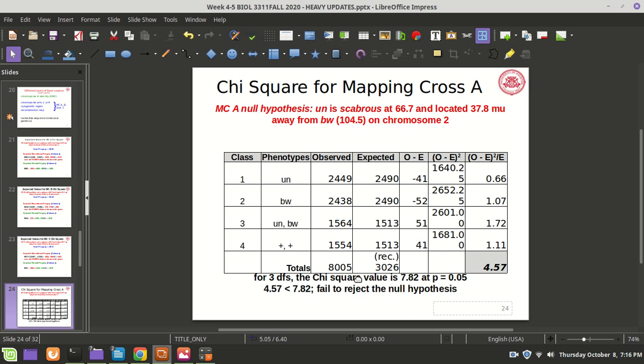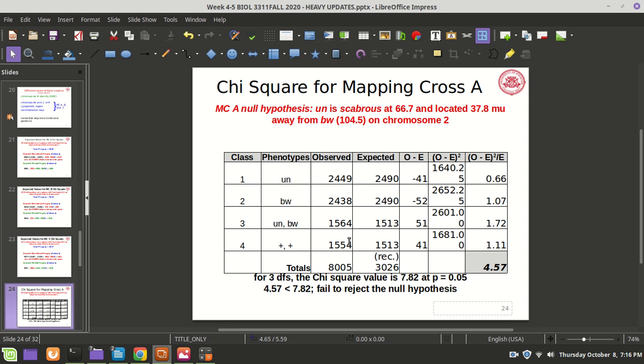Now, what does that mean? What is the null hypothesis? Well, we were below it, and we failed to reject the null. So what was the null? If we failed to reject it, then we must have more or less accepted the null hypothesis. Think about the way this is worded.